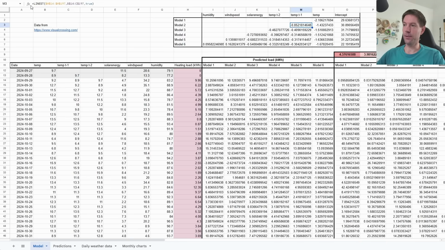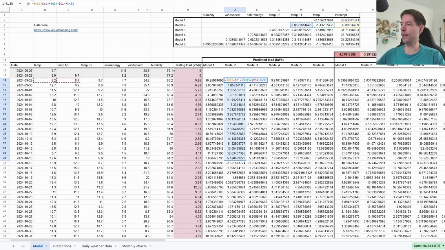So you can do the same thing. I use this line estimate function here, but this time I'm using two parameters as the input to the model: the temperature and yesterday's temperature, to predict today's heating load. And you can do exactly the same thing as I did before. So I can take the prediction here, which is just the equation of this model.